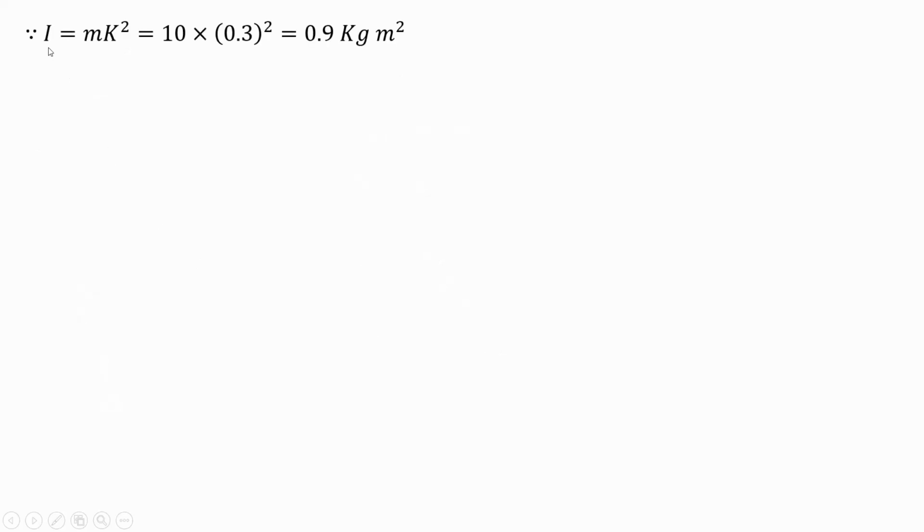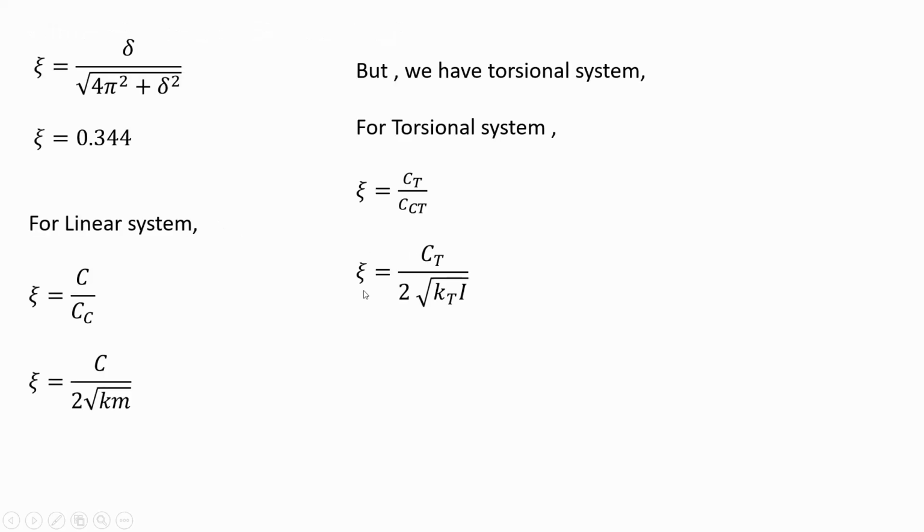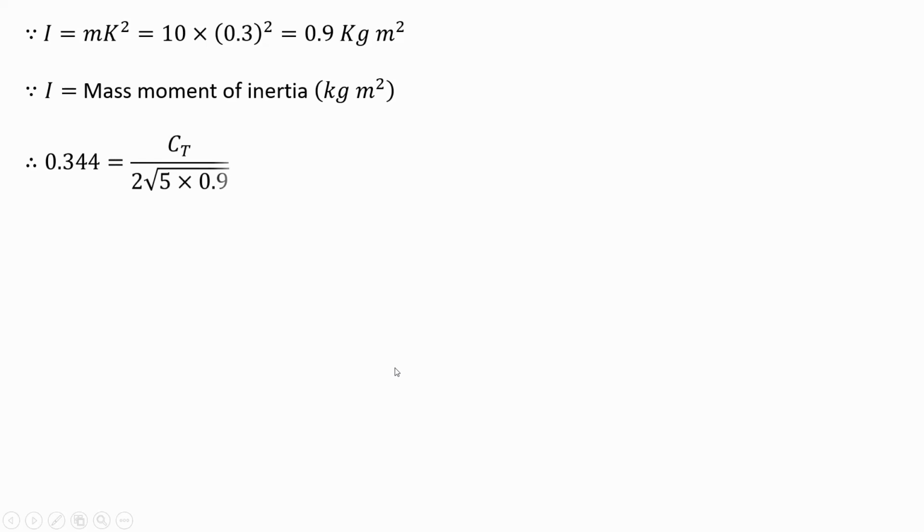First we'll calculate the value of mass moment of inertia, that is mk square. So m is 10, k is 0.3 and square of that. So it is 0.9 kg meter square. Now substitute this value in the equation of zeta. So zeta is equal to Ct divided by 2 root Kt I. This was our previous equation in which we are now substituting the value of zeta.